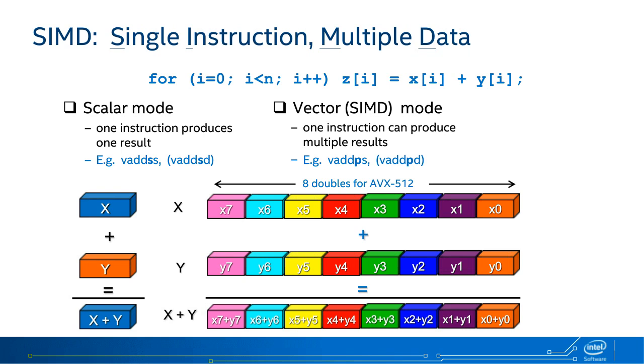So the first S here means scalar. v_add_ps is an example of packed SIMD instructions, which work in a vector mode, and P here means packed. So when packed SIMD instructions are generated, the loop is said to be vectorized, or auto-vectorized if it is done automatically.